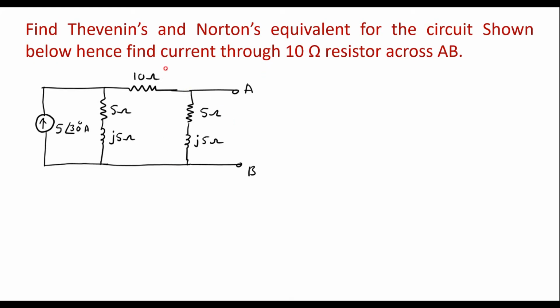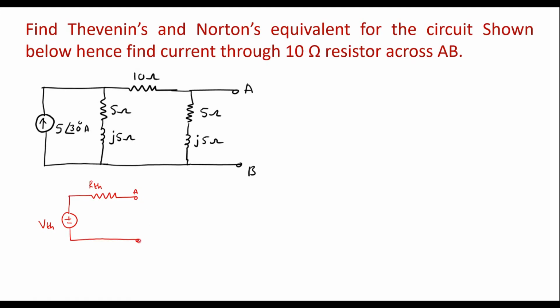First, let's find Thevenin's equivalent circuit at terminals AB. The Thevenin's equivalent circuit looks like this. This is VTH, known as Thevenin's voltage, and this is RTH, which is Thevenin's resistance.